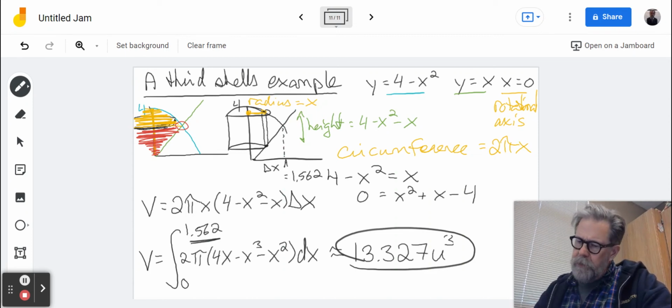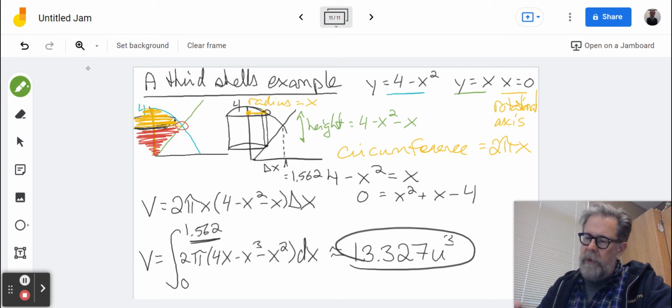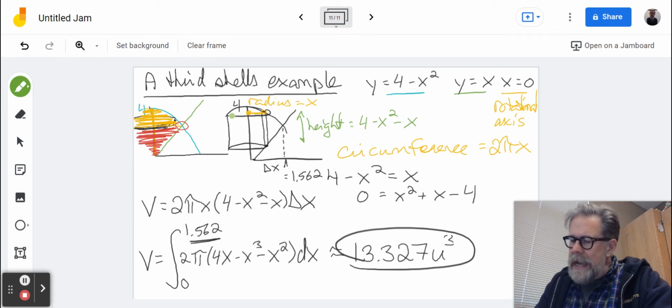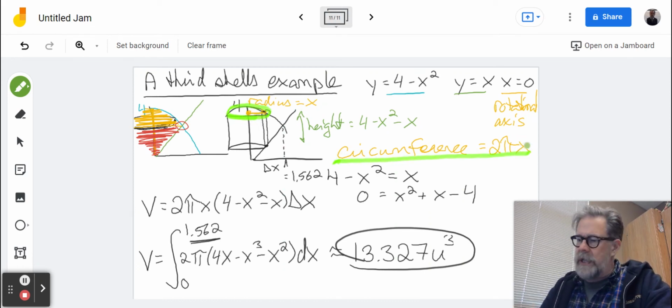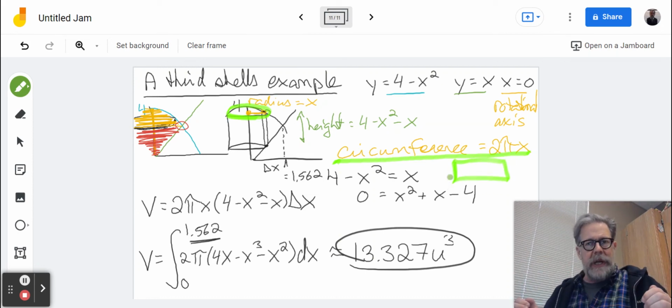All right. So again, just a reminder, I will belabor the obvious. I will beat the dead horse. We need the radius of our shell, which gives us the circumference of our shell, because that is the width of the rectangle when we unroll the shell.